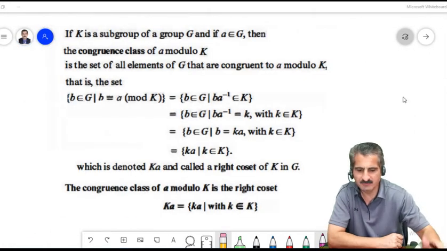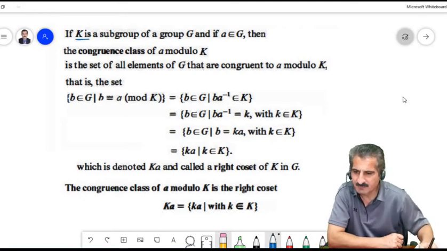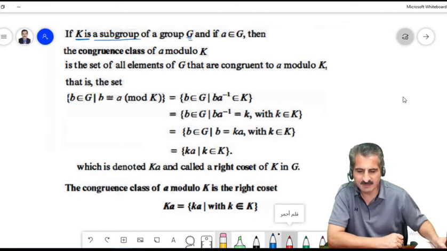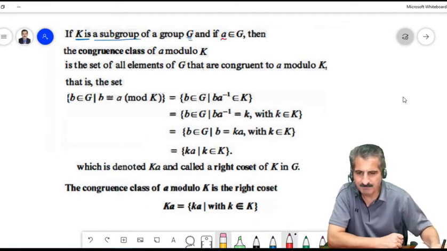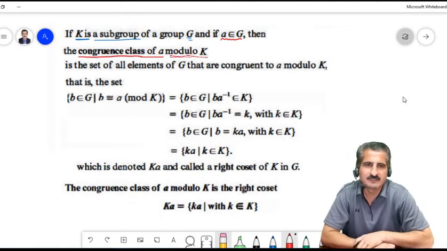So we start again with K as a subgroup of G. Now the idea here: pick an element. Let A be an element in G. So what we do with A, we will define the congruence class of A modulo K. What's happening here?